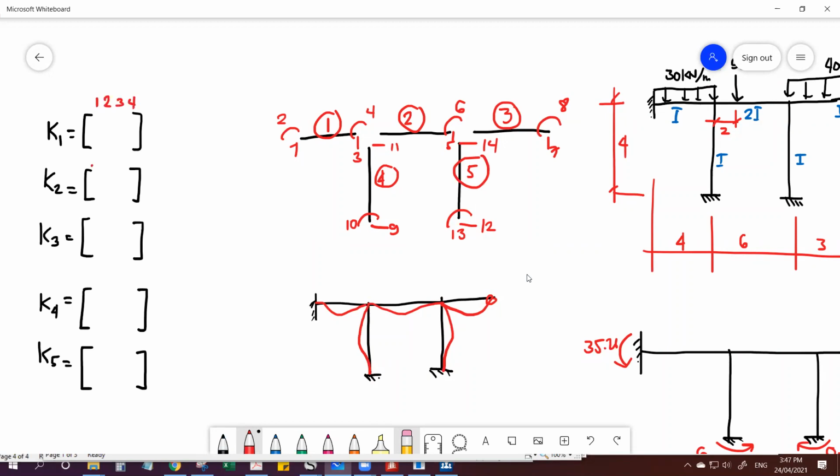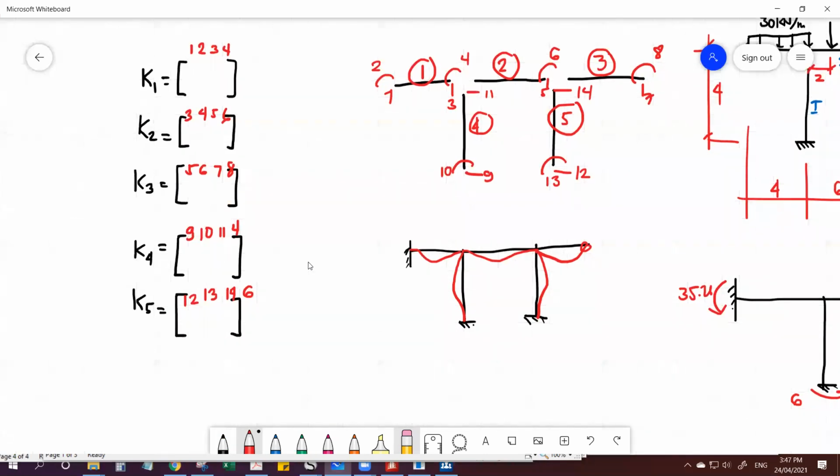K2 is 3, 4, 5, 6. K3 is 5, 6, 7, 8. K4 is 9, 10, 11, 4. Be conscious of that. K5 is 5, 12, 13, 14, 6.